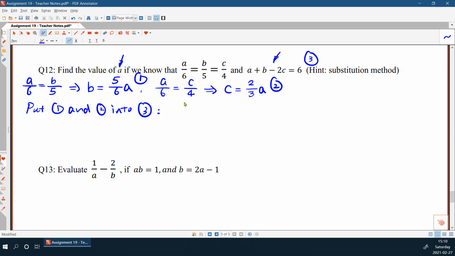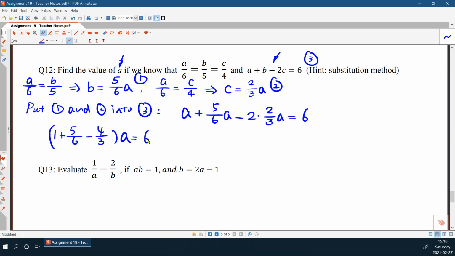Then it gives you a plus b. b is actually 5 over 6 times a, right? Minus 2c. 2c, c is 2 over 3 times a and equals 6, right? And then you have an equation that involves only a, right? Anything else is gone. So from this equation, we can solve for a. So this actually gives you 1 plus 5 over 6 minus 4 over 3 a equals 6.